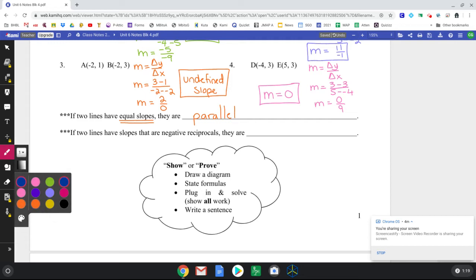If two lines have slopes that are negative reciprocals, what we mean by that is if I have a number like 2, I need to flip and negate it. So if my slope is 2, then my perpendicular slope is going to be negative 1/2, flipping and negating. So we're going to say that these are perpendicular. This is going to be very helpful for us later because we're going to find out whether or not they make right angles.